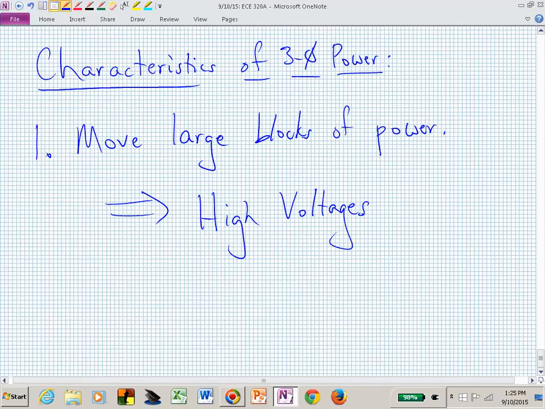Now, if it's this product of V and I, why are we picking big V's instead of big I's? Transformer?